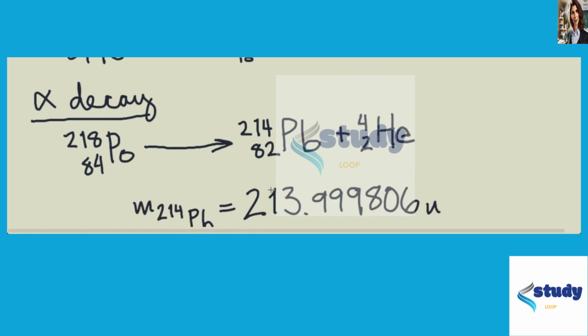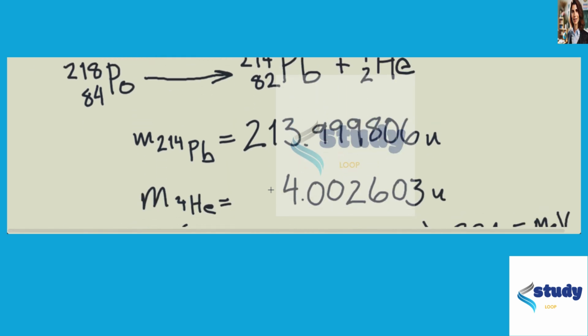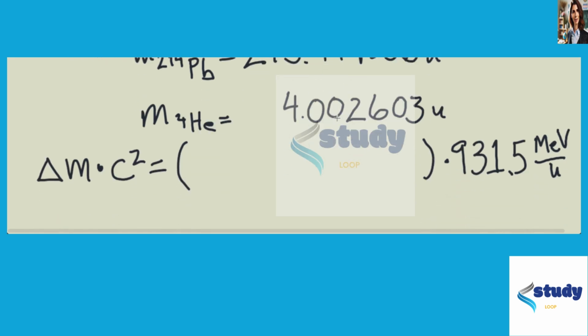So in order to find the maximum kinetic energy, we're going to take the parent atom and subtract the combined masses of the daughter and the helium atom.